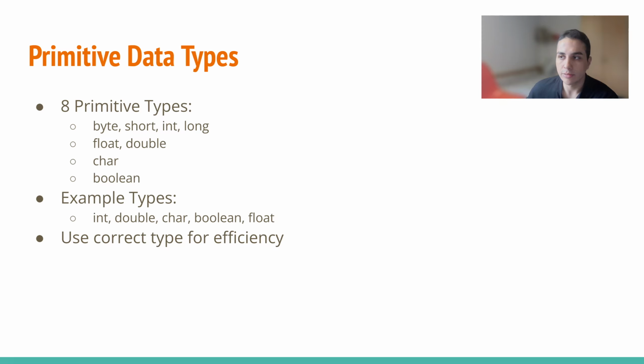We have char for single characters, and we have boolean for true or false statements. There are 5 common primitive types which can be asked, and you can just give any 5 of them. I would do int, double, char, boolean, float, or whatever you like. You should use the correct type for efficiency, of course.